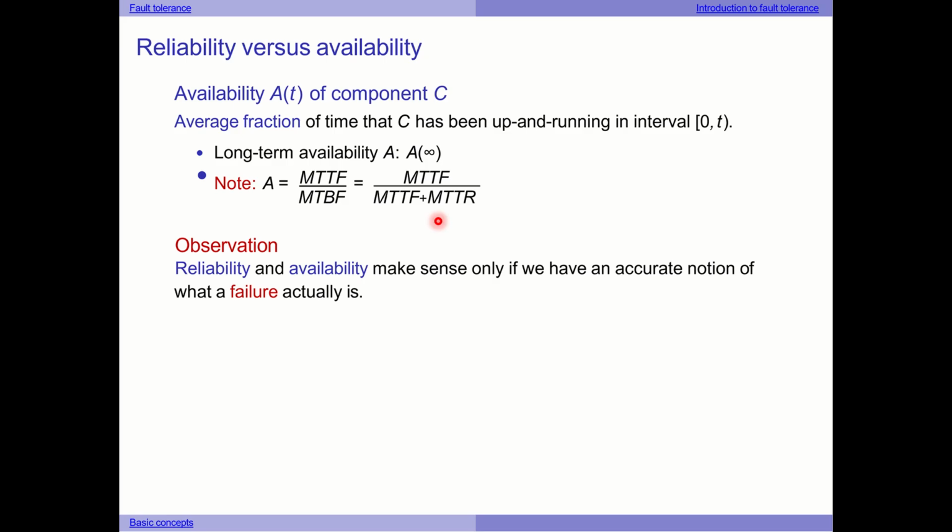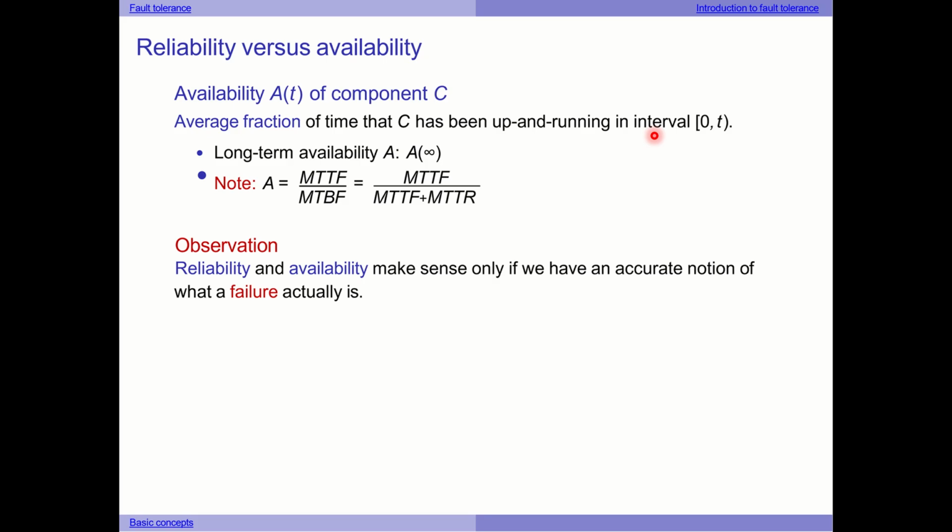The availability A(t) is the average fraction of time that component C has been up and running in the interval 0 to t.